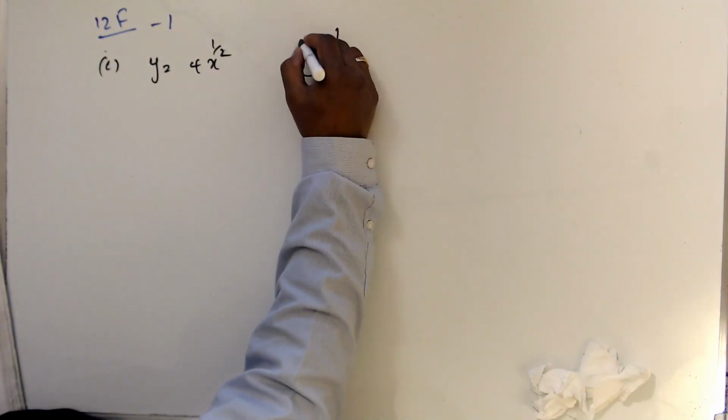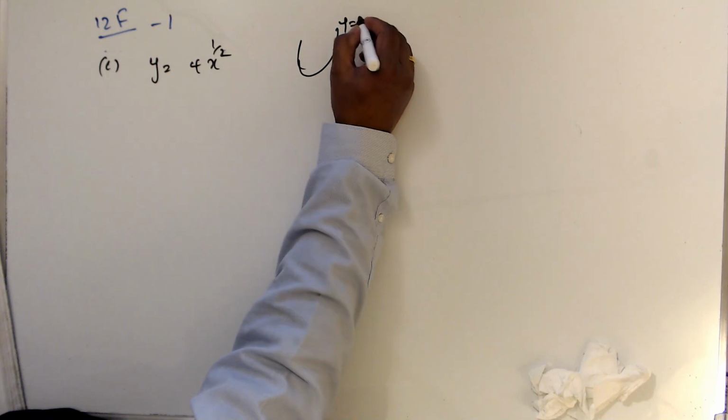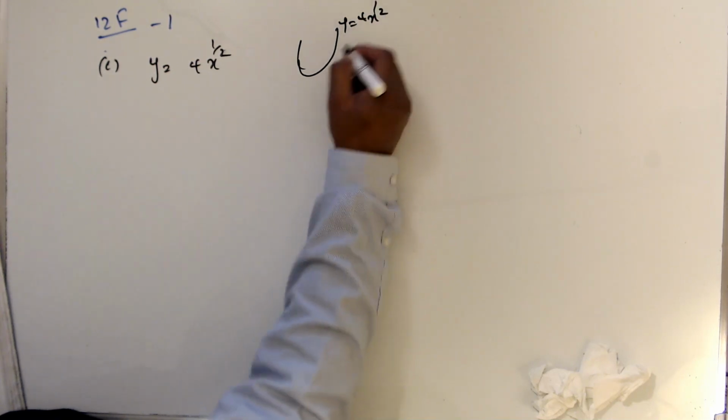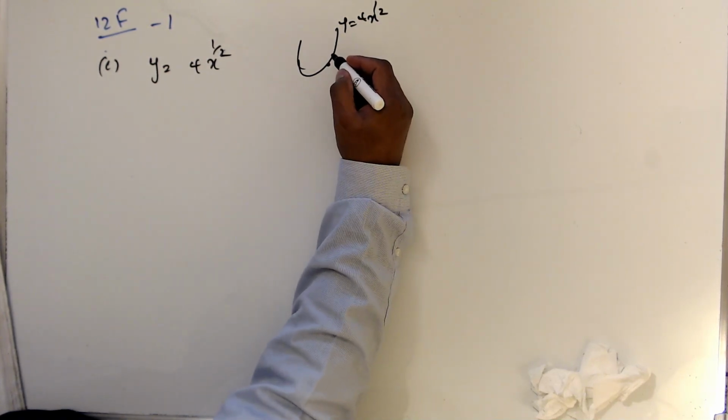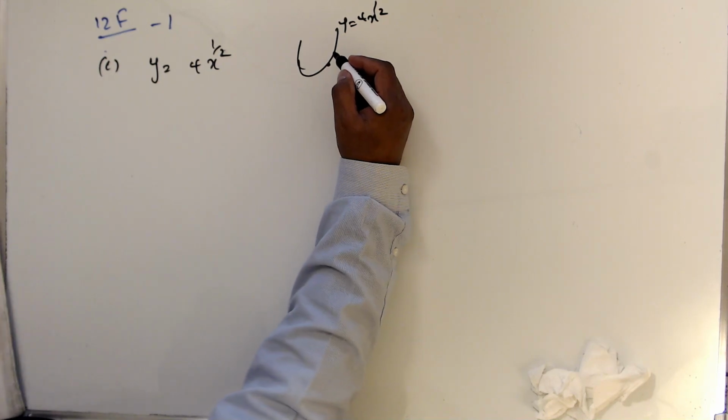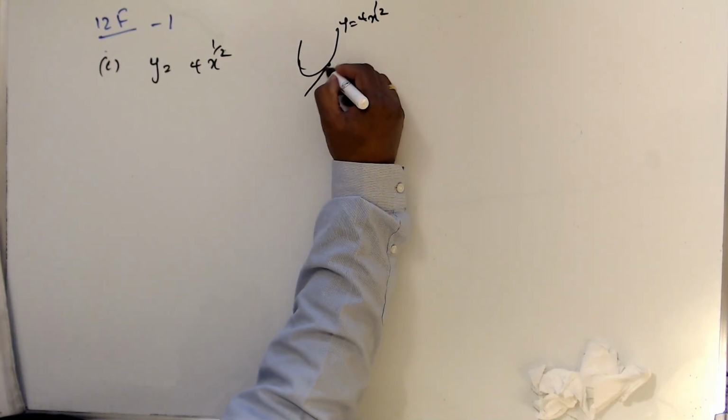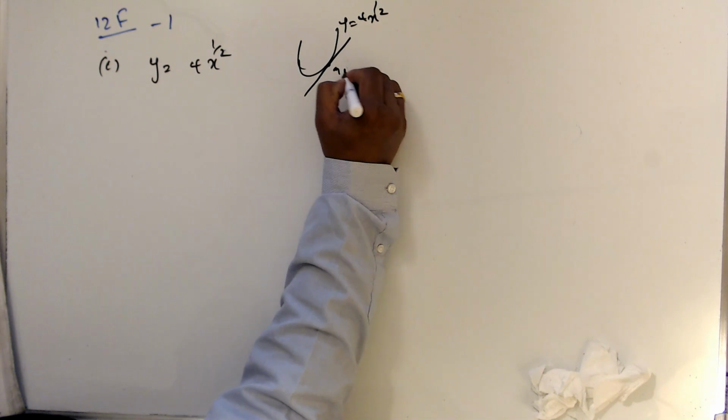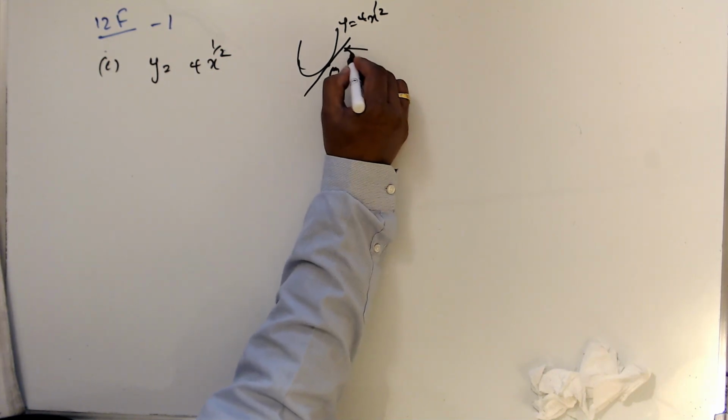Now we have y equals 4x to the half, at the point (9, 12). We need to find this tangent equation.